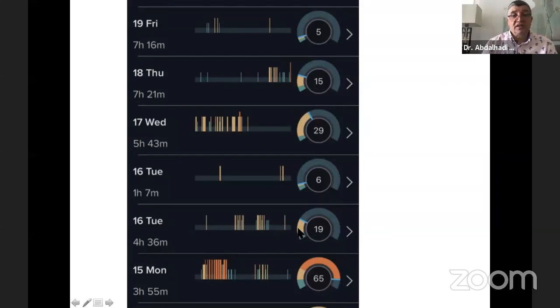Then Tuesday, 19. Tuesday afternoon, she slept 1 hour, 6. At night, she slept 4 hours, 36 non-stop. She got 19. In the afternoon, she slept 1 hour 7 minutes, and she got 6%.